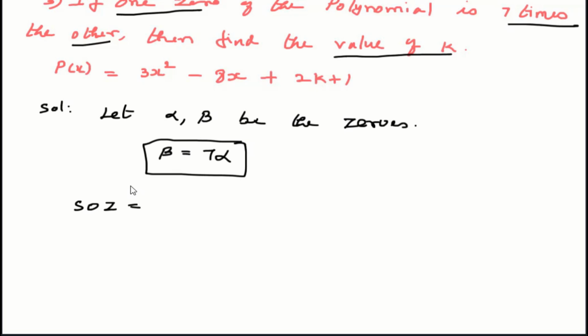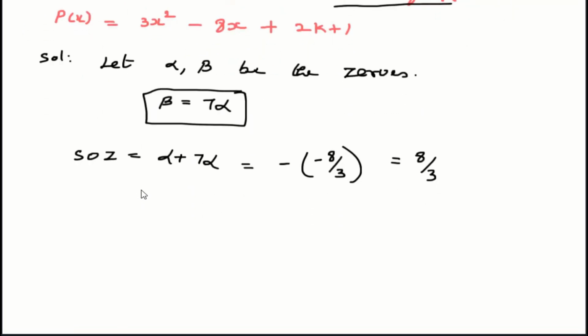Sum of zeros is alpha plus 7 alpha, which is negative b by a, which is 8 by 3. That is, alpha plus 7 alpha is 8 alpha is 8 by 3. So I can get alpha is equal to 1 by 3.